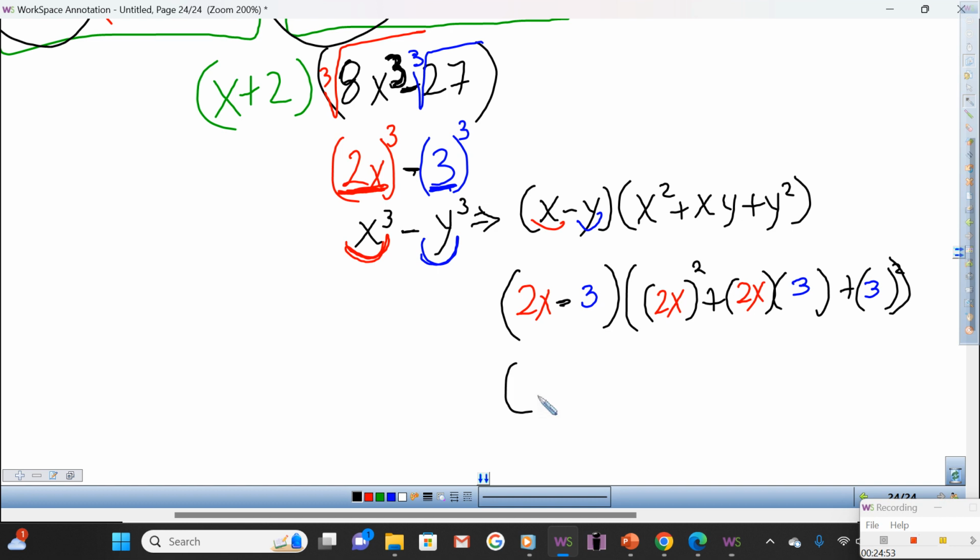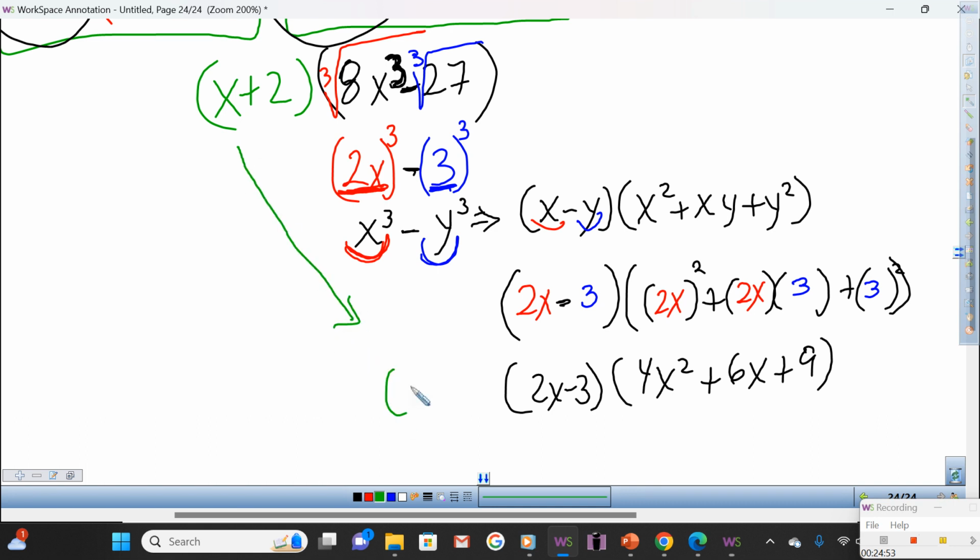So my factors are 2x minus 3 times 2x to the second is 4x squared. 2x times 3 is 6x. And 3 squared is 9. All right, and then you just bring down the original factor of x plus 2.